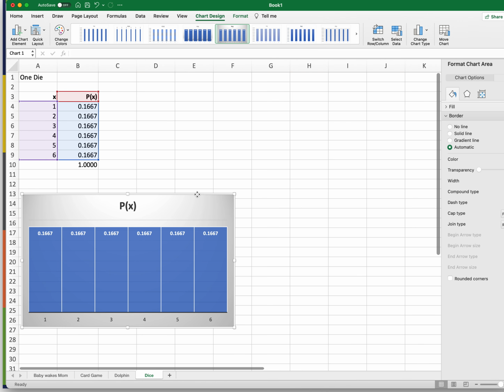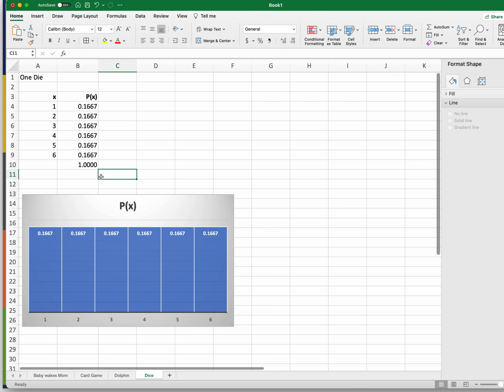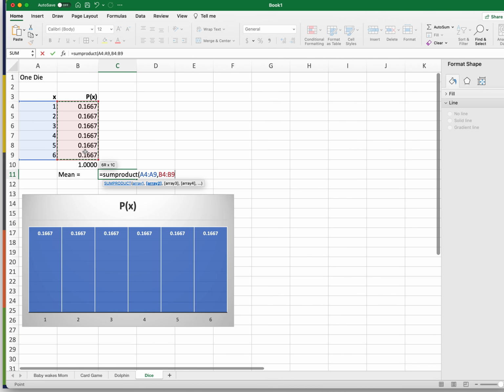What's the mean? They're all equally likely. What's the mean of this going to be? I'm going to use the sum product again. I'm not going to do all that calculation. The mean is going to be equal to the sum product of 1 through 6, each multiplied by 1/6.